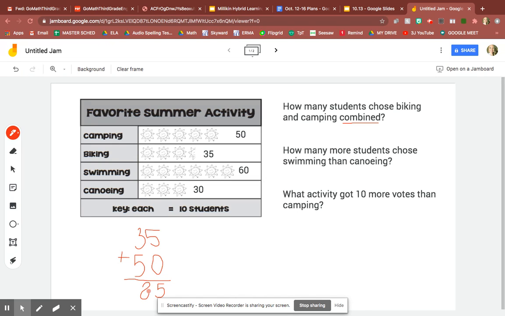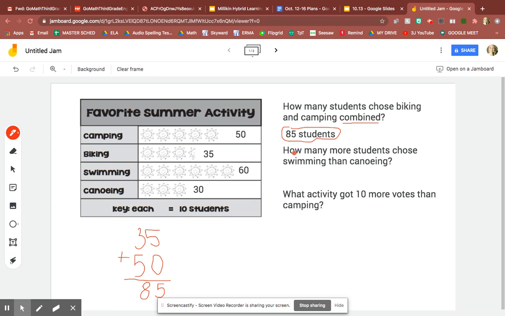So if you got 85, then you got the correct answer. So that means that 85 students chose biking and camping combined.